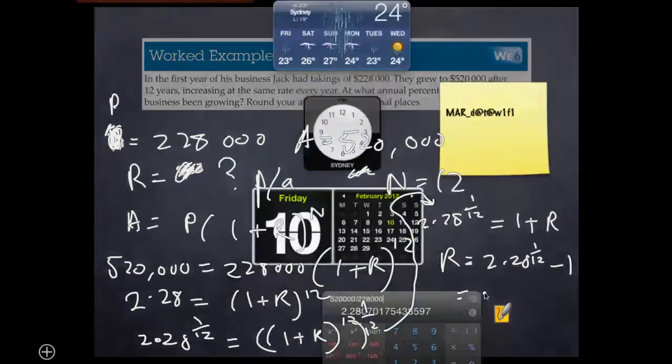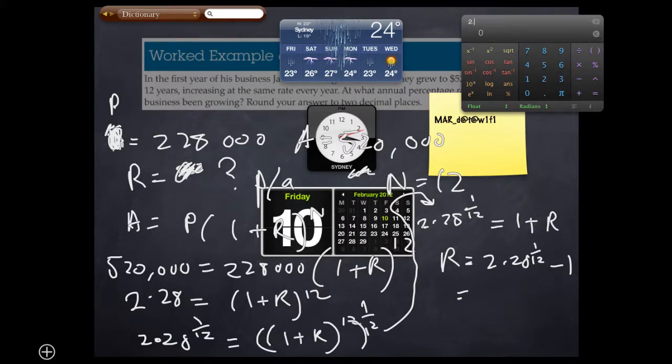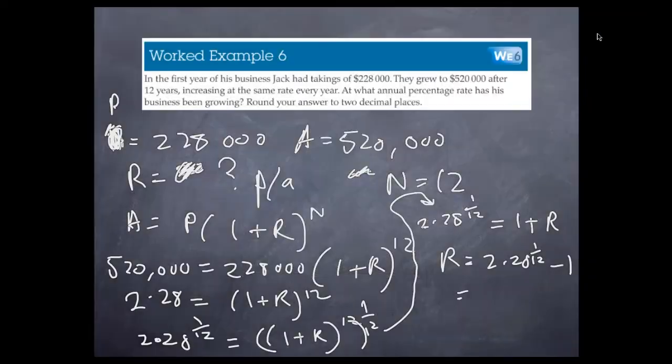So let's go back to our calculator and work that out. 2.28 to the power of 12, minus 1. Oops, made a mistake. Let's try that one more time. Minus 1 is 19,733.